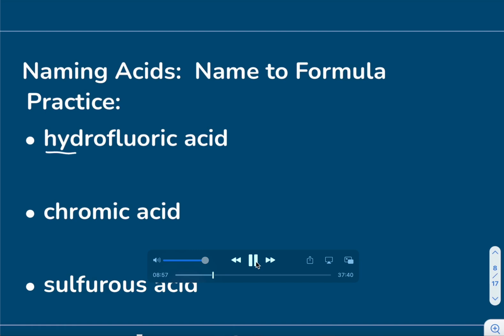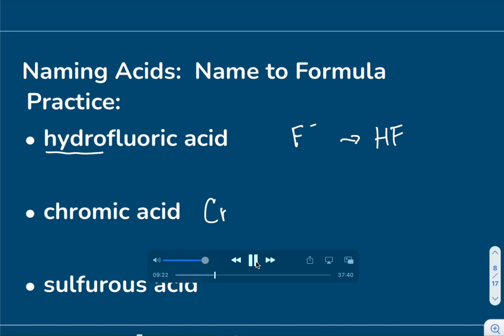So here we have hydro, so we know it's just an element. So F, the charge on fluoride ion is 1 minus. So that will become HF, that's hydrofluoric acid. Chromic is going to be chromate. You know that IC becomes ATE. I do not believe chromate was one of the polyatomics you had to memorize, but you can always look that up.